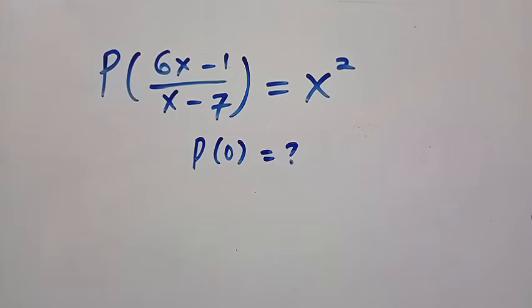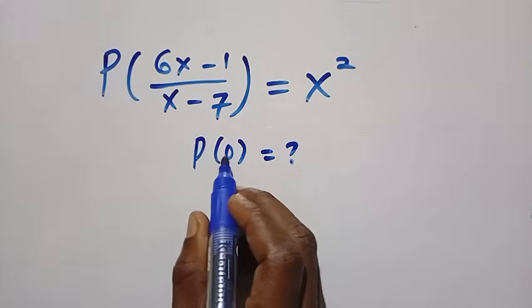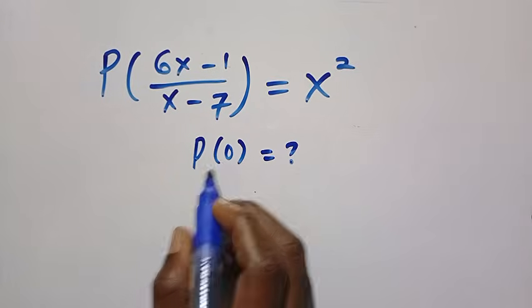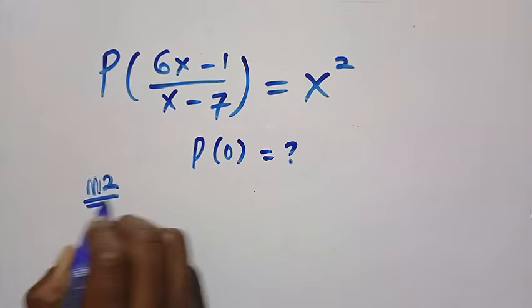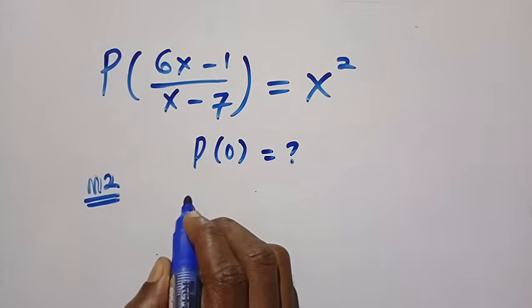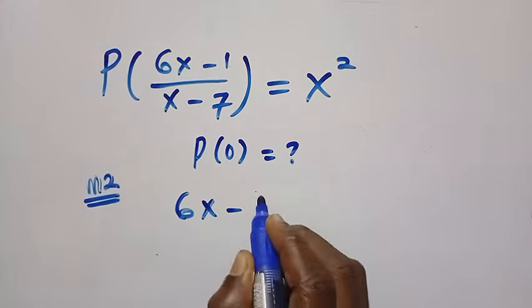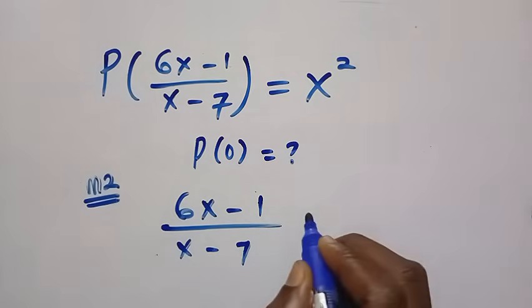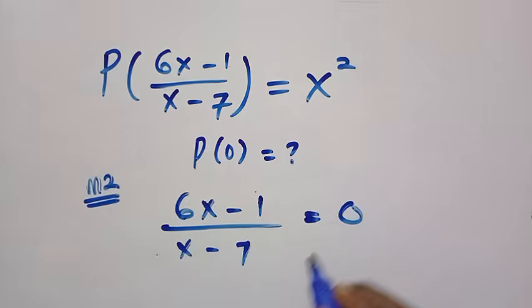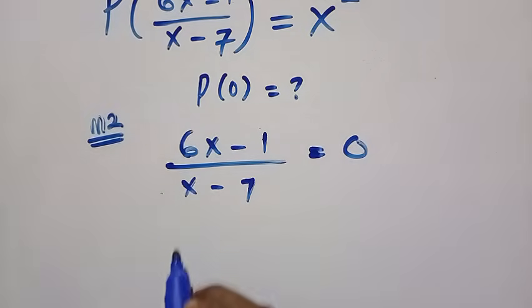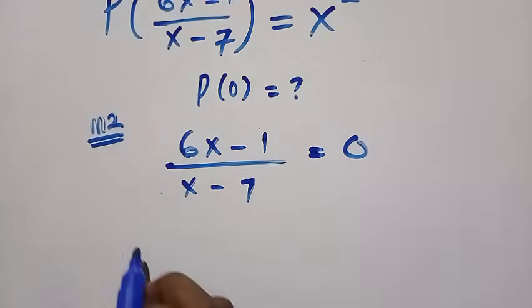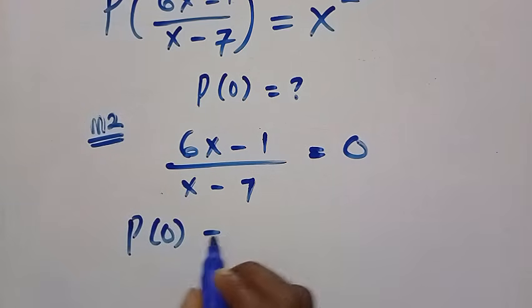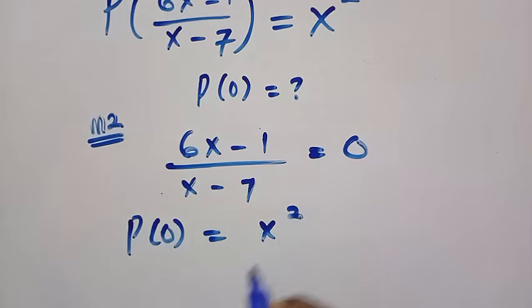Instead of considering all those long methods, since we need P of 0, in the second method we're still going to let the whole of (6x minus 1) over (x minus 7) be equal to 0 this time around, so that we have P of 0 equals x raised to the power of 2. But we need the value of x.